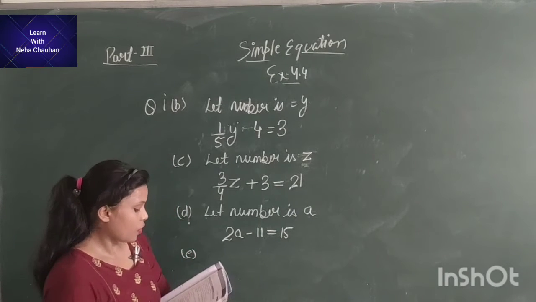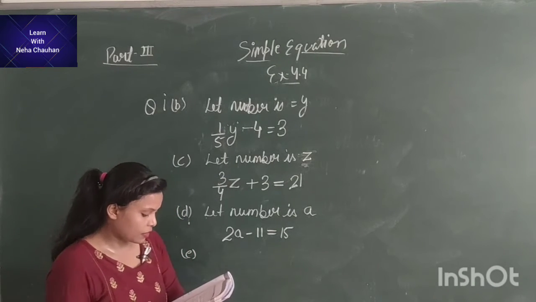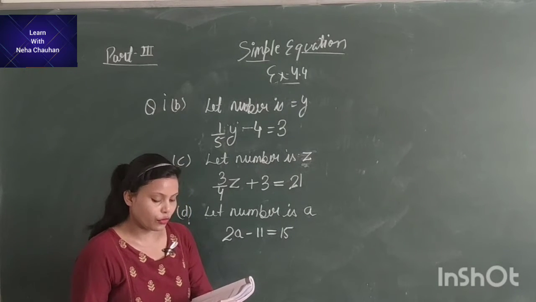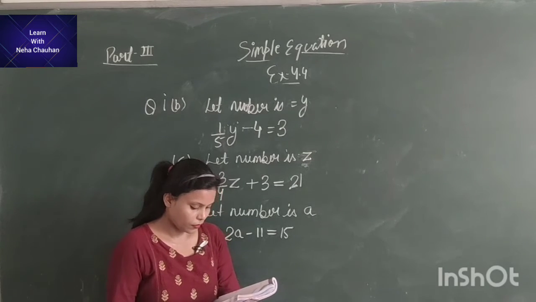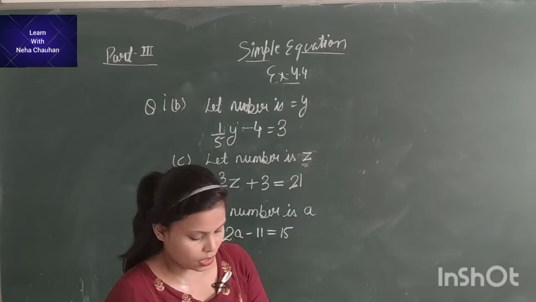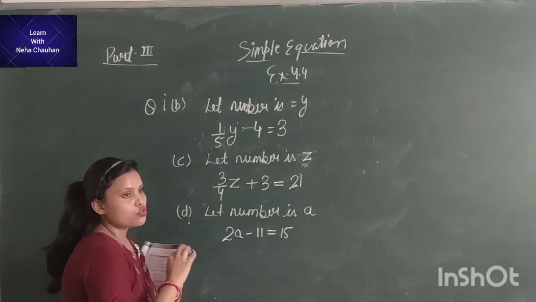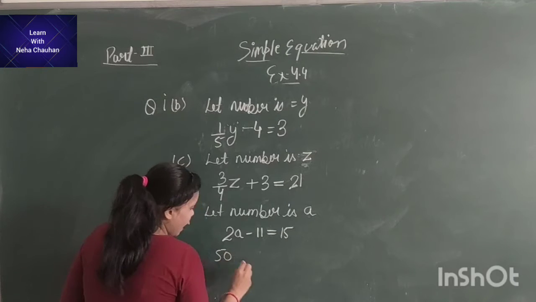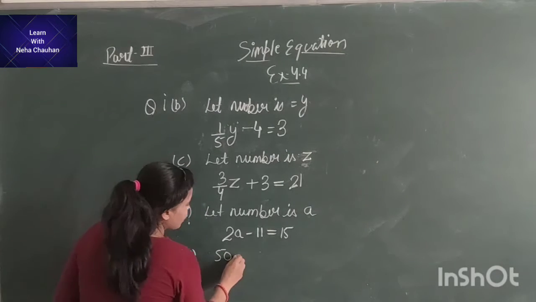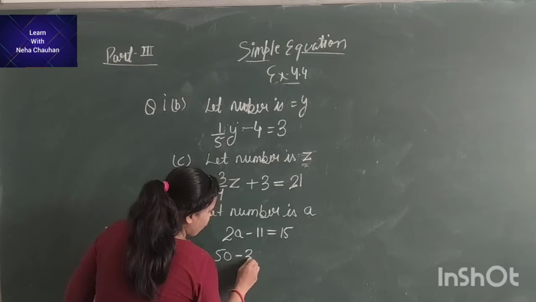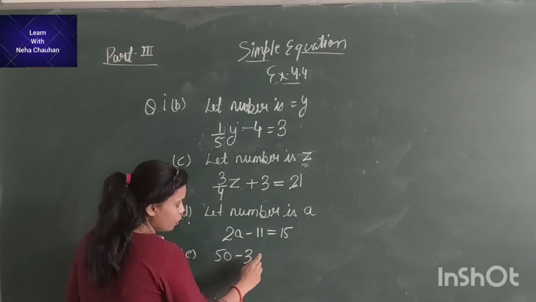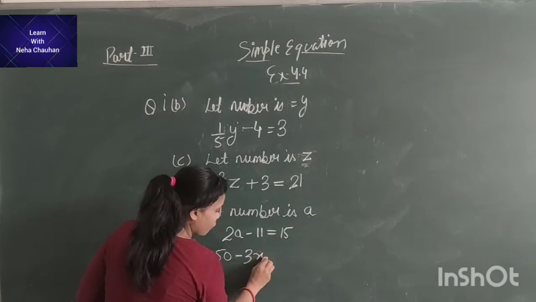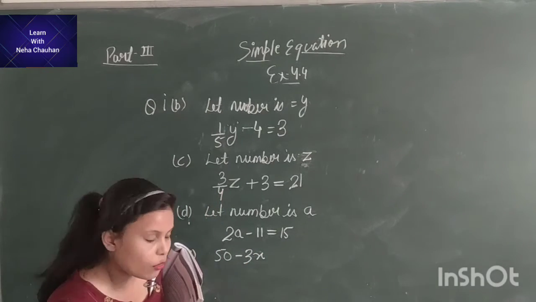The total number of books is 50 and he subtracts thrice the number he has.